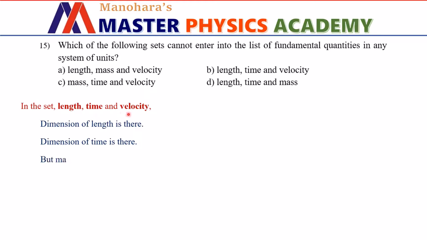In the dimension of velocity, we have again length and time dimensions, but in the whole set, the mass dimension is absent. So, it can't make any system of units. Hence, option B is the right choice.